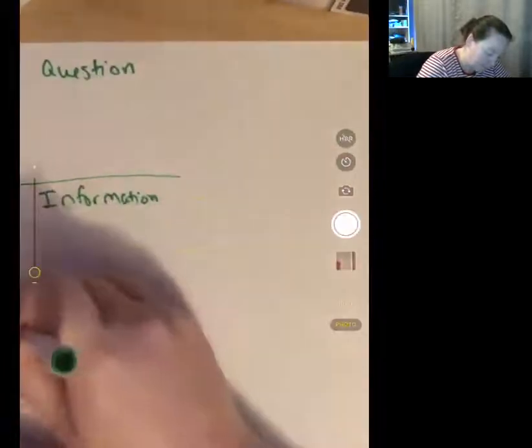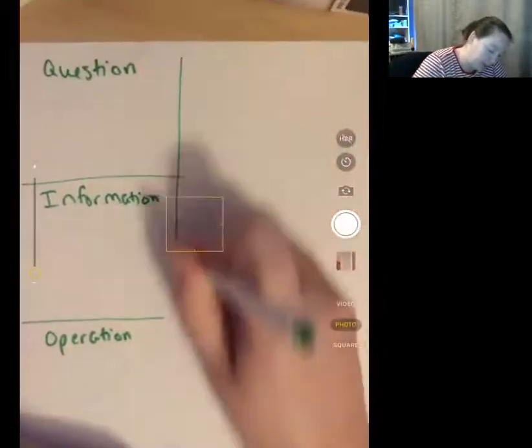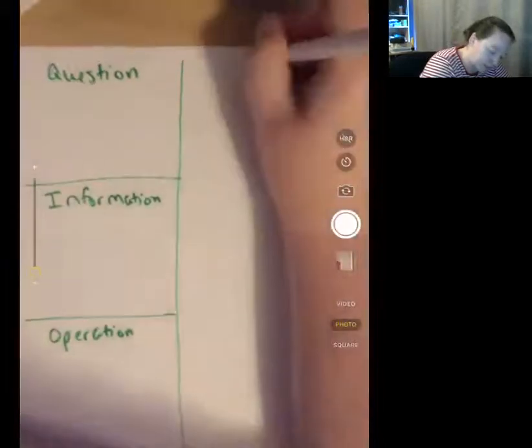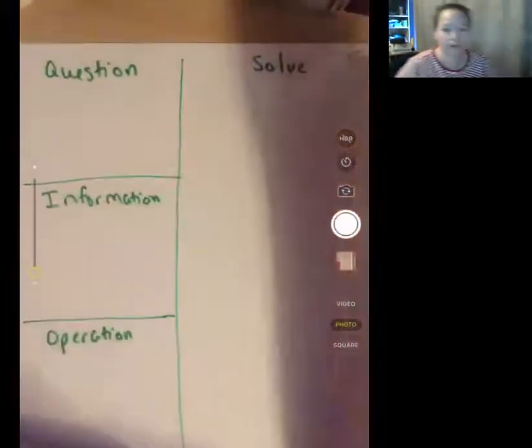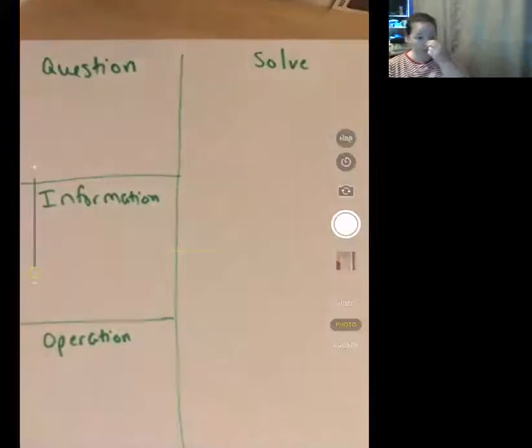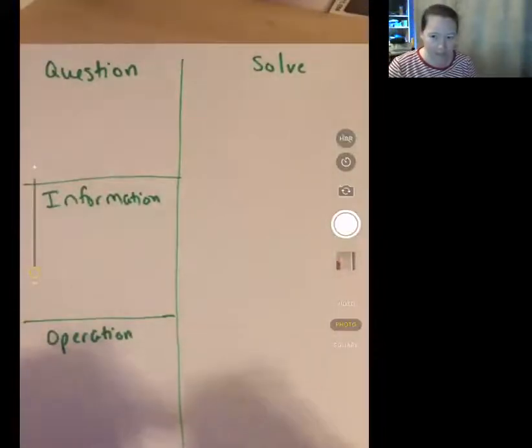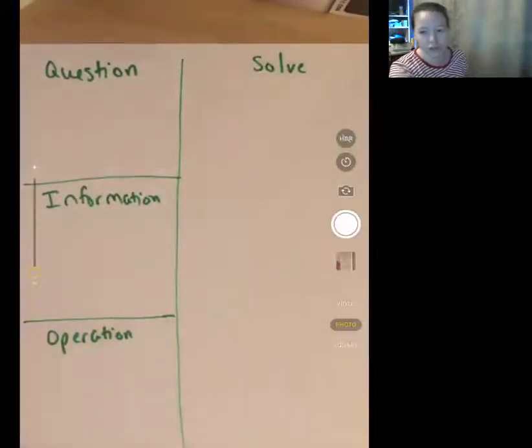That's going to be on one side. Draw my line down the middle. Then on the other side, I'm just going to put down solve, because that's where we're going to solve it. Okay? Question, information, operation, and solve. Those are the 4 parts for any of the word problems. That's how we go through them. Question, information, operation, and solve.